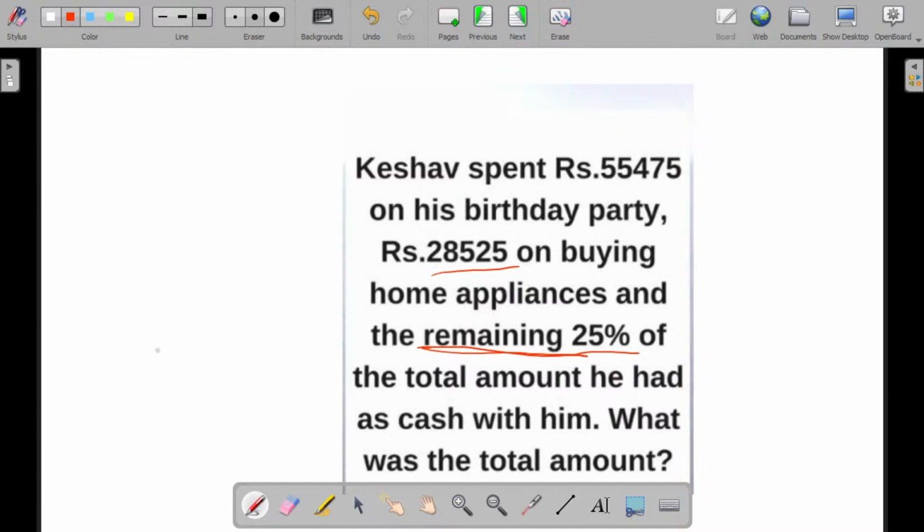Mention the answer in the chat box. He spent 55,475 on his birthday party, 28,525 on buying the home appliances, and the remaining 25 percentage of the total amount he had as cash with him. Remaining 25 percentage. Yes.